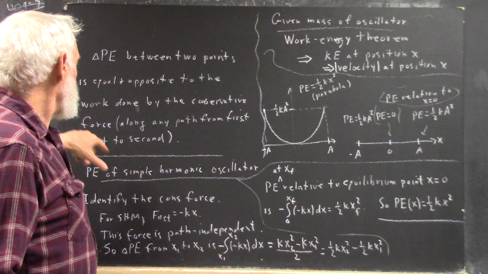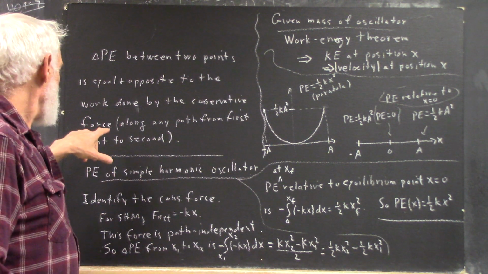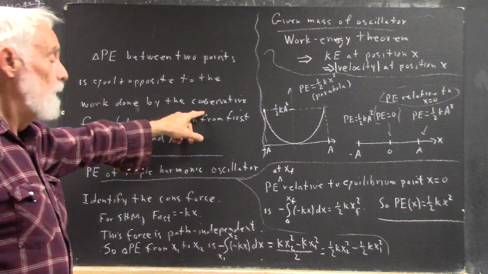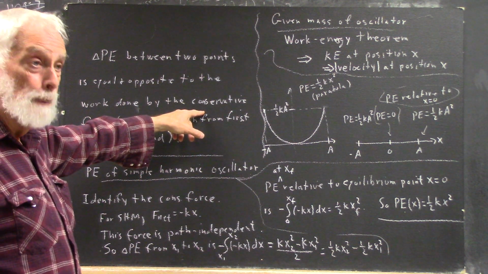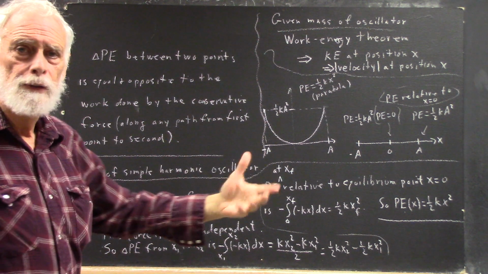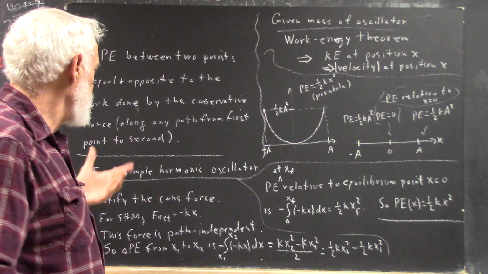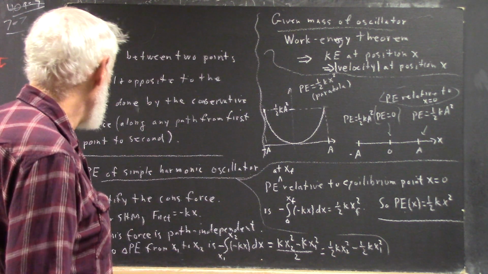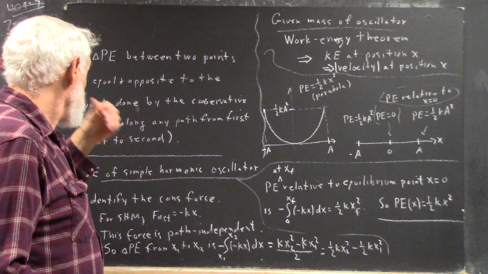Okay? So, and I say this can be done along any path from the first to the second, because what's a conservative force? It's a path-independent force. Now this is a result from multivariable calculus, and nobody's had multivariable calculus or is taking multivariable calculus right now.